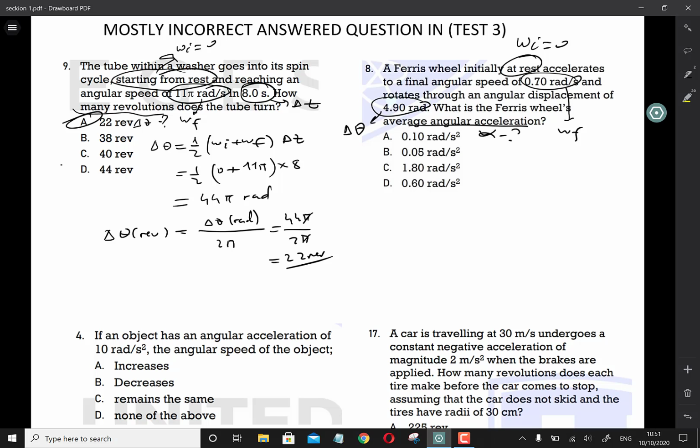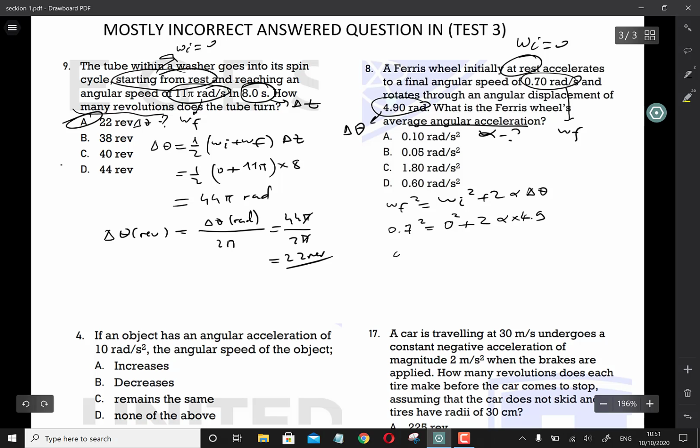If the time interval is not given, we are going to use the fourth kinematic equation, which is omega final squared equals omega initial squared plus 2 alpha delta theta. So omega final is 0.7, squared. Omega initial is 0. Plus 2 alpha, delta theta 4.9.